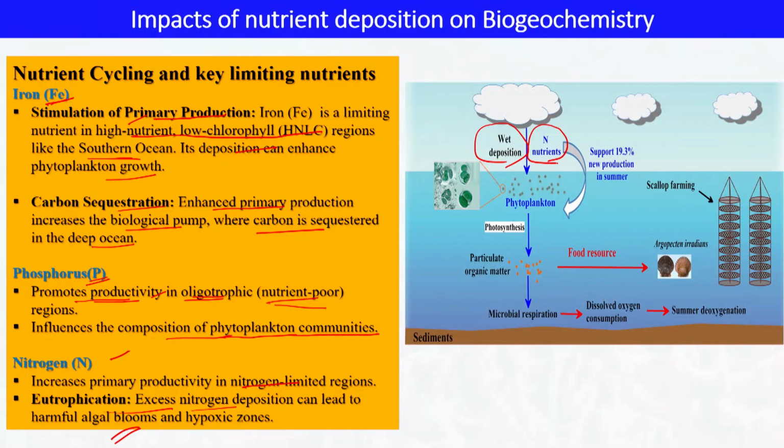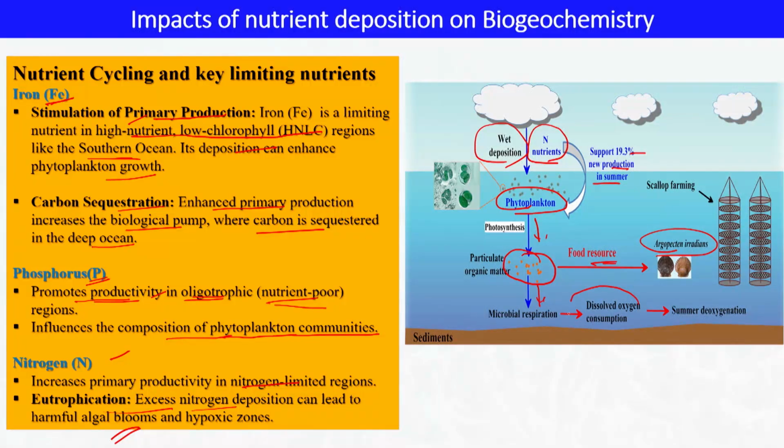Now especially the nitrogen nutrients, for example nitrate through the atmosphere, support about 20% of new production in the summers, this new production of the phytoplankton. This means you have more photosynthesis. When you have more photosynthesis, more particulate organic matter will be produced, and this will be a food source for some of the species, and for microbial respiration.